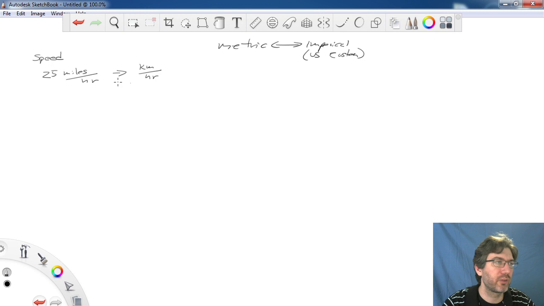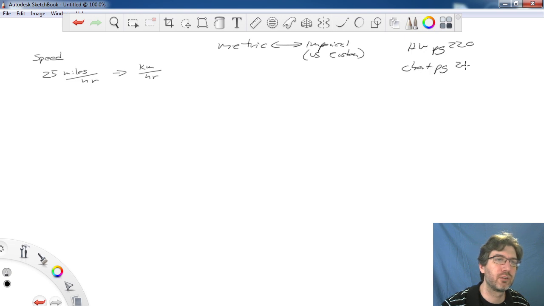So I started off with this problem here, and I was wondering if you could figure this out on your own. So I'll give you a minute to look at this one. This is dealing with speed. I will tell you, your homework today is page 220, but your charts are on page 219.